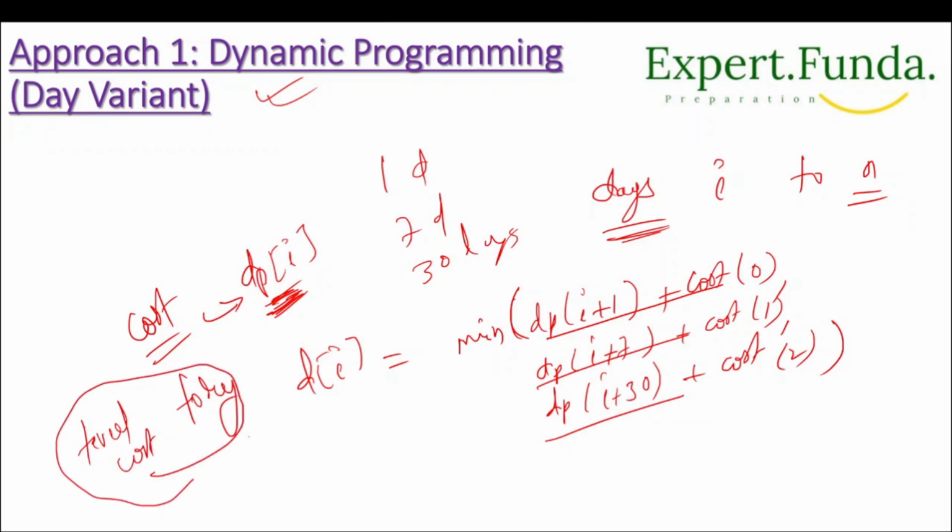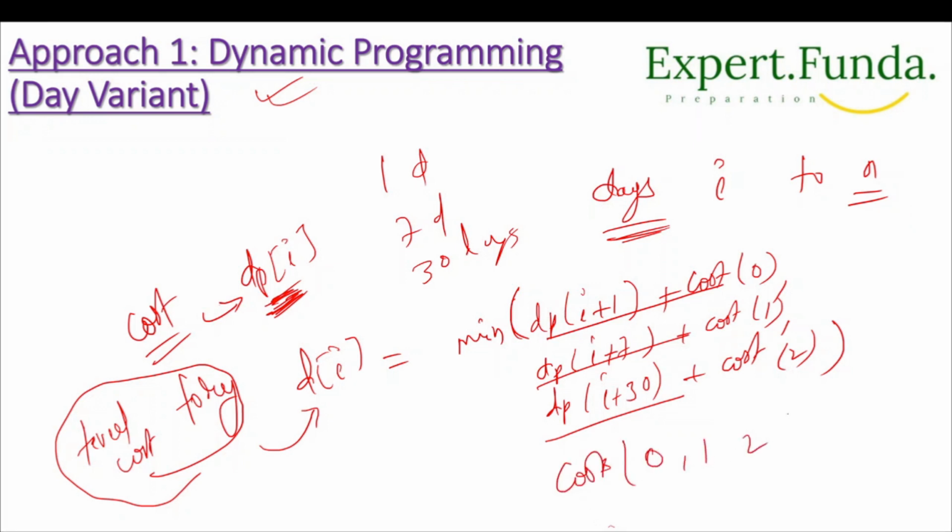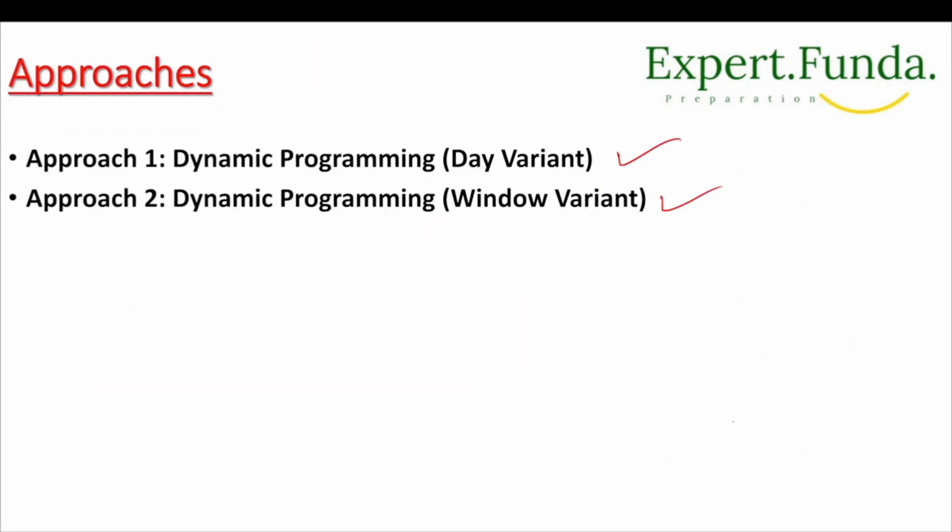Travel cost for today is dp of I, and it is the minimum of dp of I plus 1 plus cost at 0, dp of I plus 7 plus cost of 1, and dp of I plus 30 plus cost of 2, because we have given 3 costs. Cost is at 0, 1 and 2, whatever the data will be there, that will come here, as we can see here.